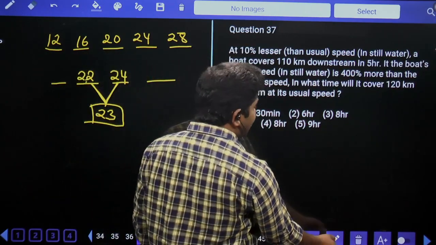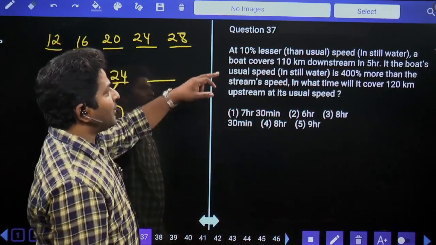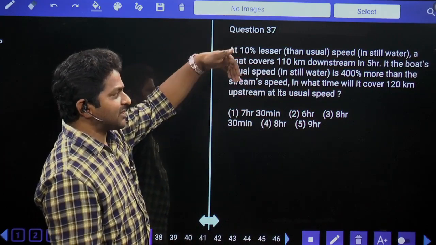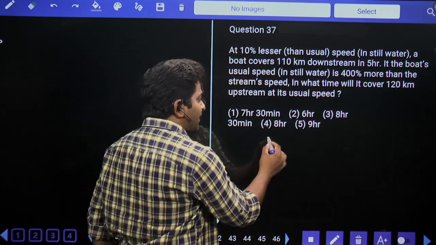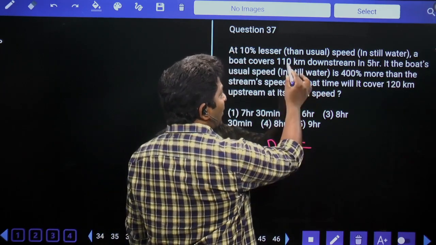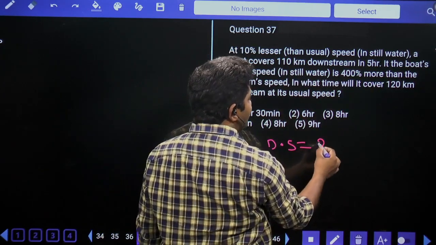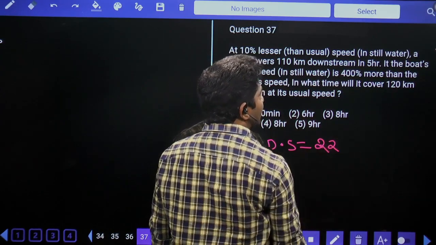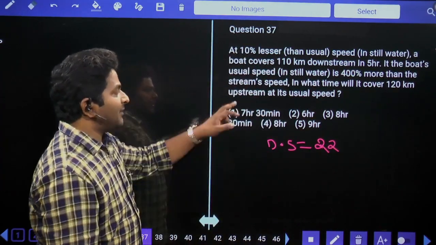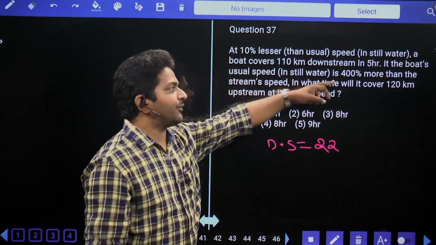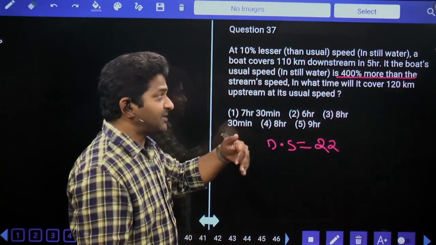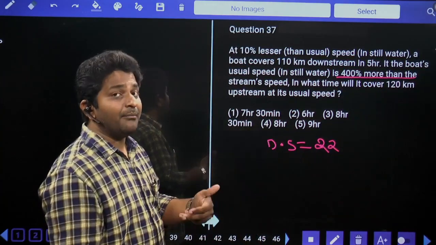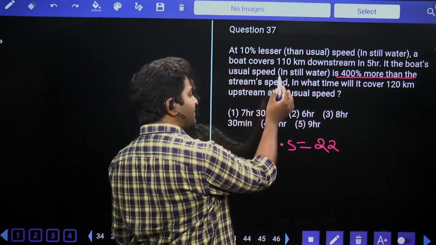At 10% lesser speed, a boat covers 110 kilometers downstream in 5 hours. So downstream speed is equal to 110 divided by 5, that is equal to 22 kilometers per hour. If the boat's usual speed is 400% more than, this is important, 400% more in the sense it will become 500% of the speed of the stream.